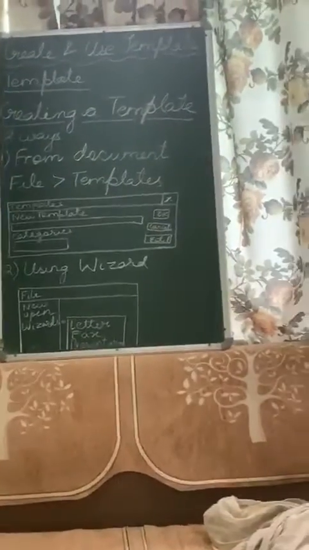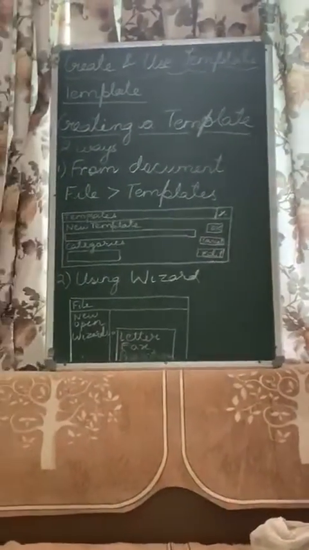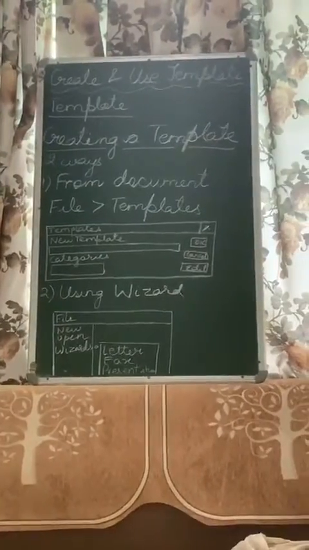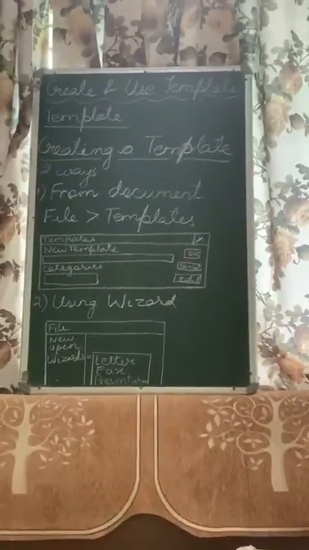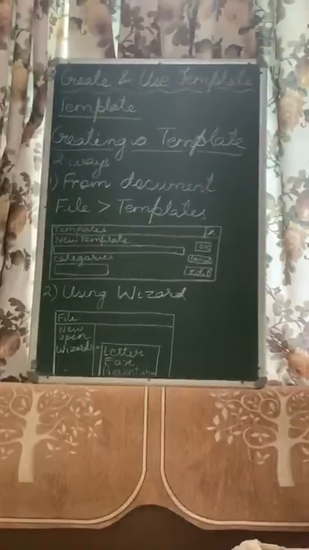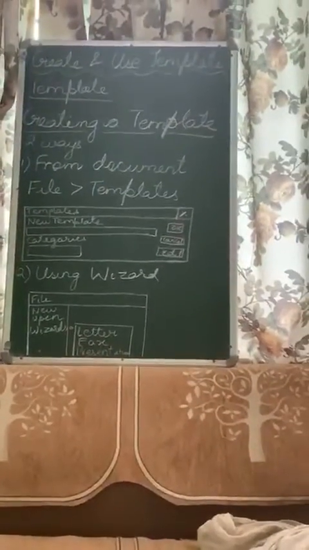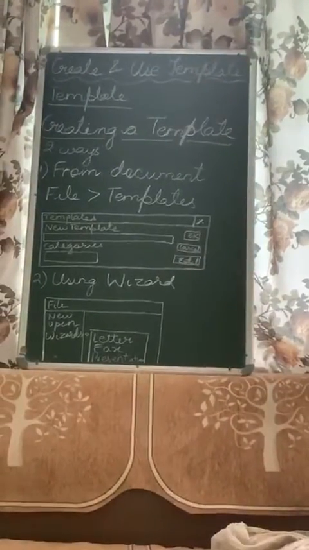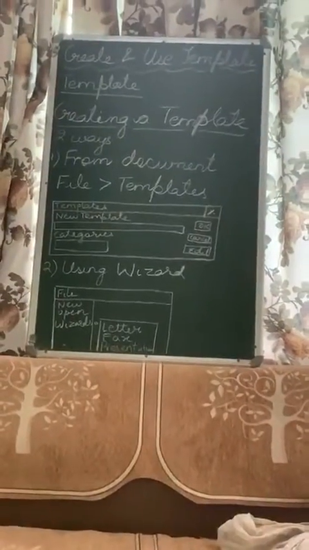So basically a template is a sample of document present inside the Word document that helps you in making professional documents without taking much time. That means they are saving your time and effort.